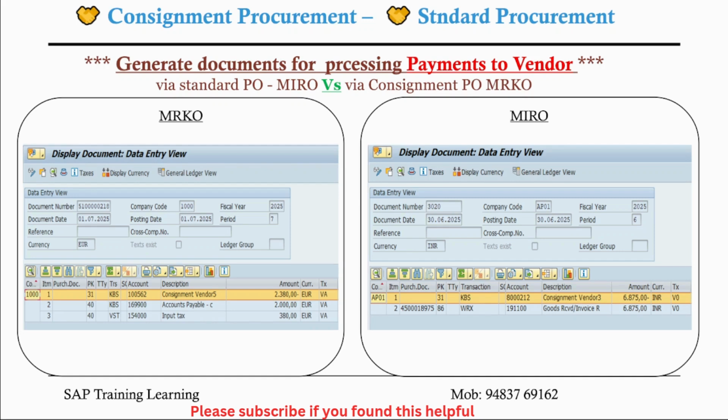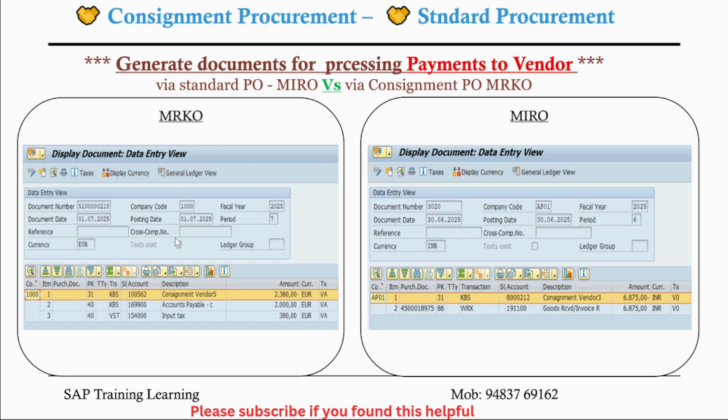Clear, right? When it comes to consignment procurement, we do MRKO. Here one thing we need to understand: in standard procurement, you receive the invoice also along with your goods most of the time. If not, you will receive it later for sure. Meaning, the vendor supplied goods and he also gave you the invoice to pay for it.